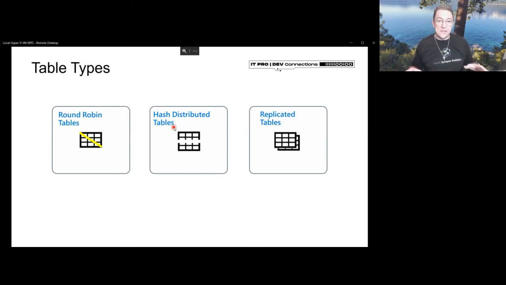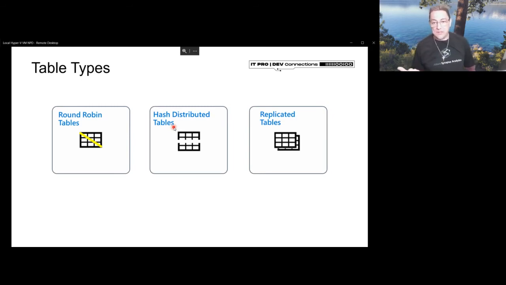So you may end up with a not so balanced distribution, but the data will be clustered together by similarity through the hash distributed algorithm on a particular column.